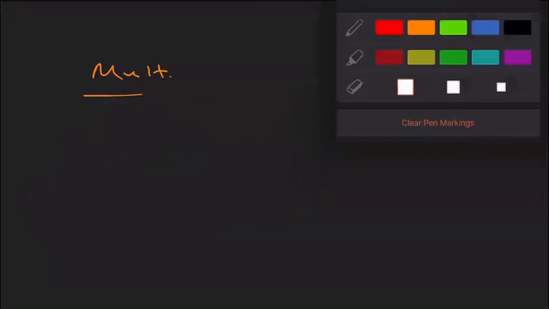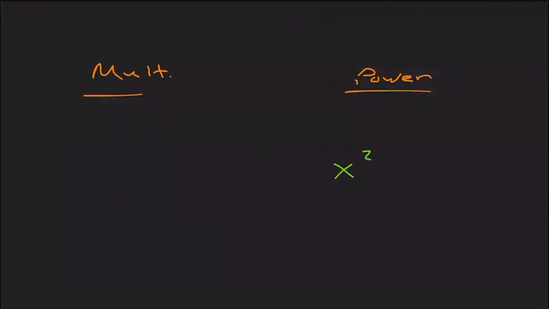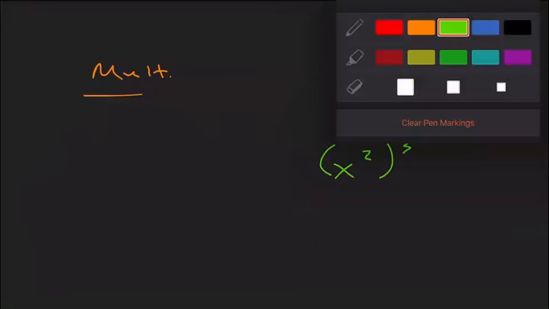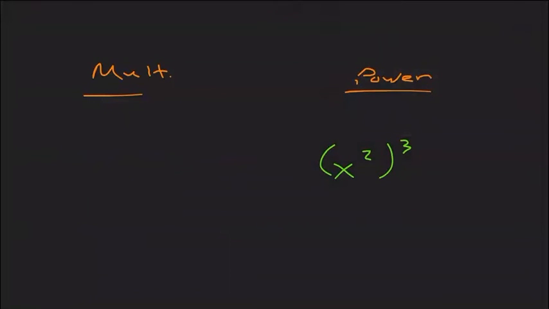Power property, let's say we have x squared raised to the 3rd power. What does this mean? Well, again, we're going to apply the same thing, which is that we know exponents tell us how many times we're multiplying something, the base. So here we're taking x squared and raising it to the third power. That means we're multiplying x squared 3 times.